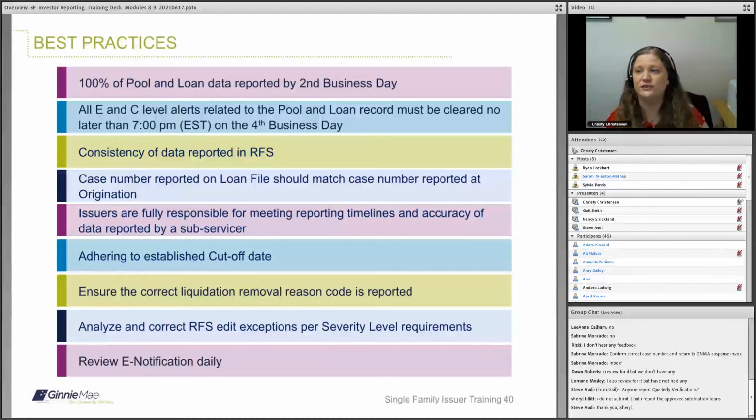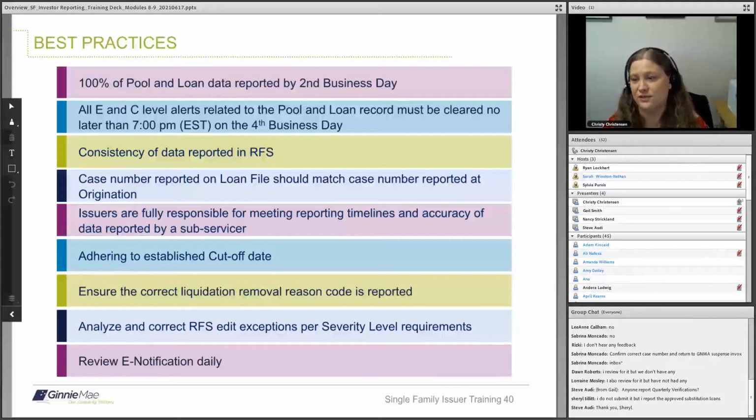Sarah, could you please turn on the annotation tool? If you could please place a sticker on the best practice that you think is most important. Okay, great.